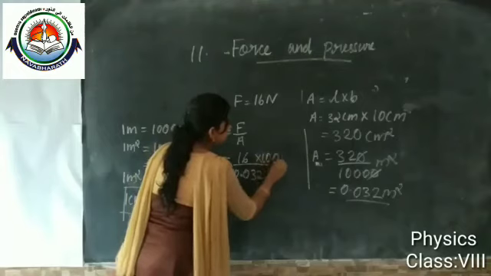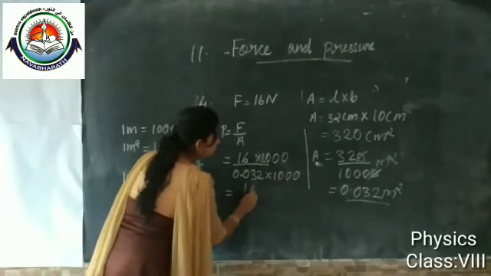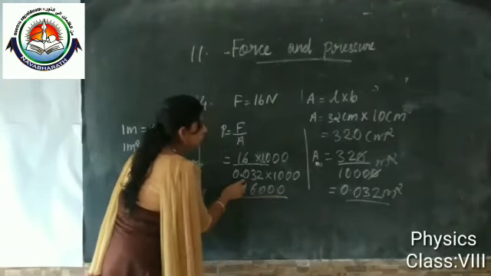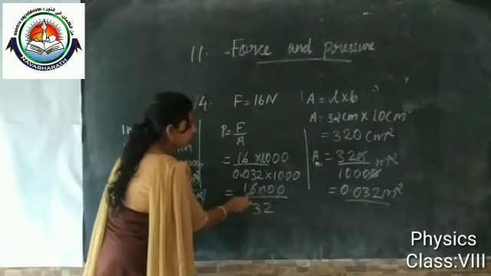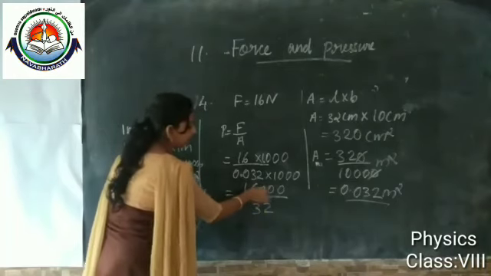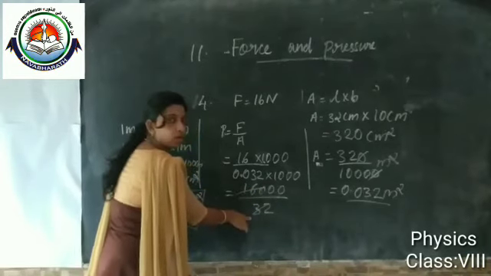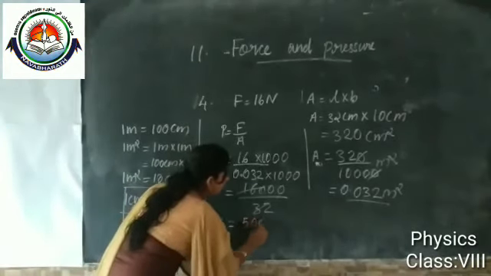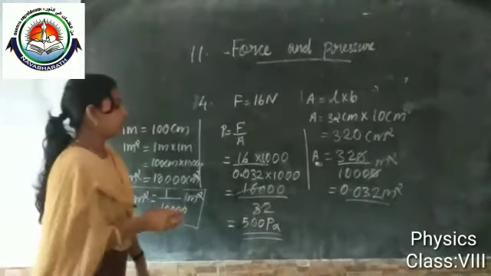So 16 into 1000 is equal to 16,000 divided by 32. 160 divided by 32 is 5. So our final answer is 500 Pascal or 500 Newton per meter square.